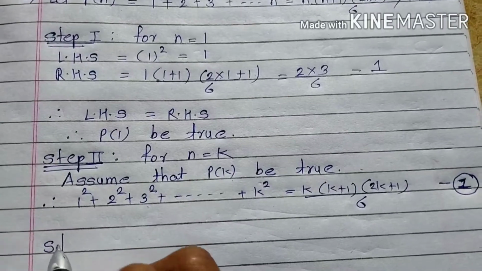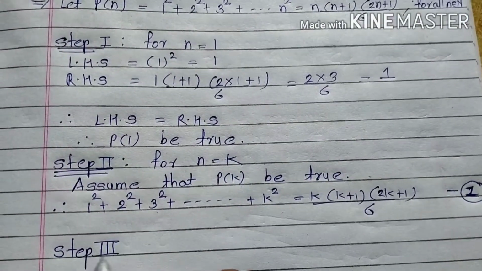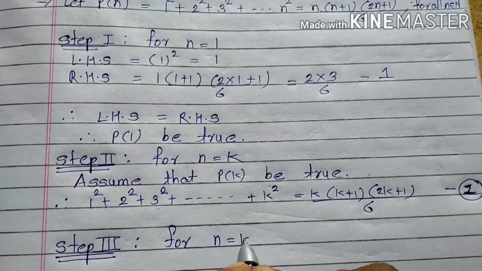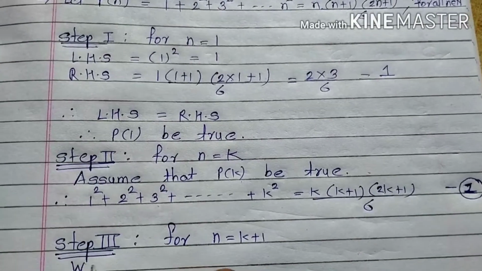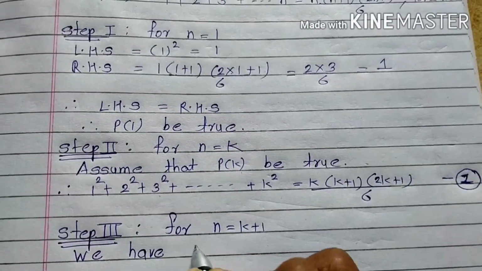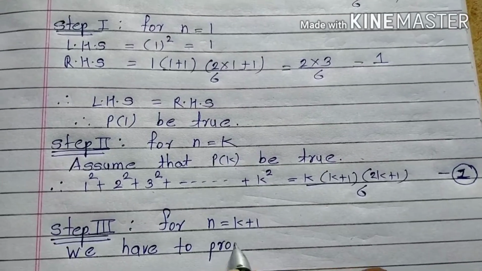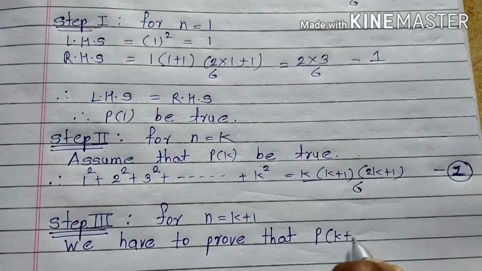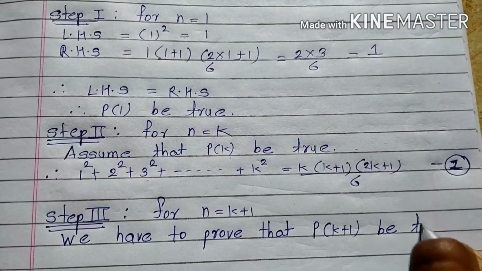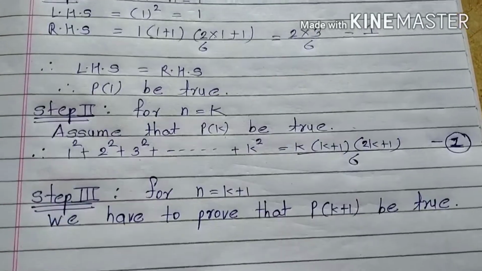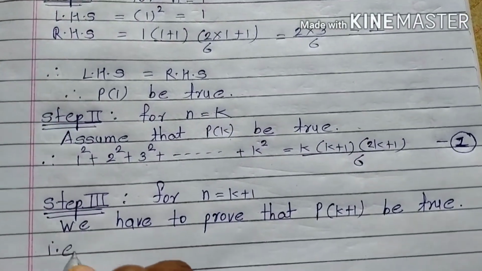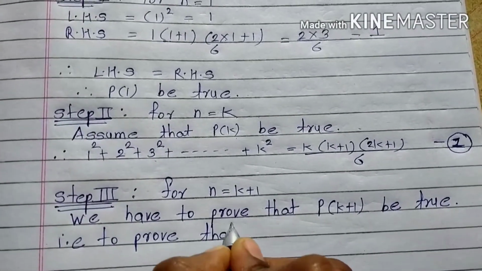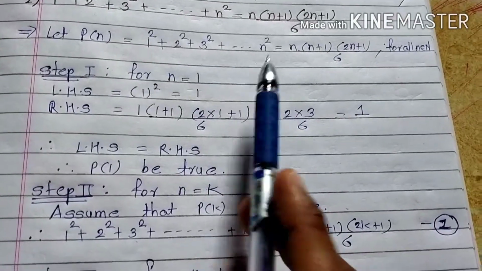Now step third, for n equal to k plus 1, we have to prove that P of k plus 1 be true. That is to prove that, instead of k, we have k plus 1.